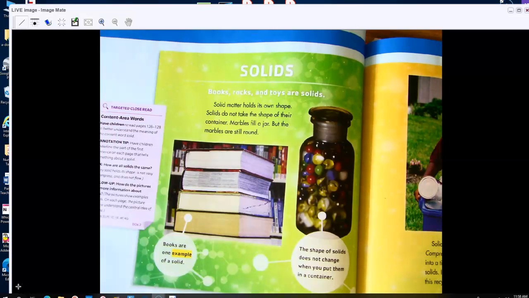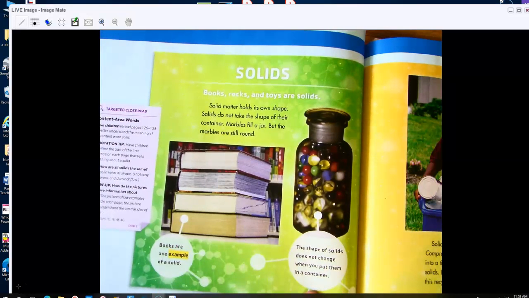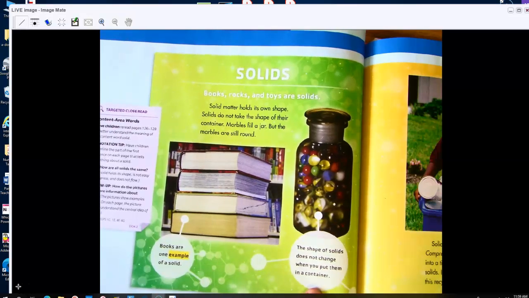Marbles fill a jar, but the marbles are still round. So here's a caption. Point to that caption. Books are one example of a solid. Point to this caption. The shape of solids does not change when you put them in a container.